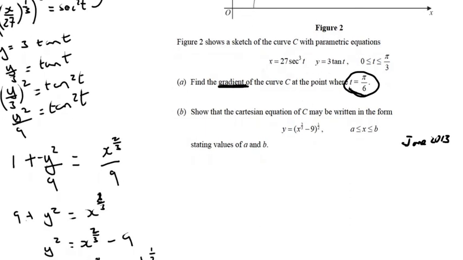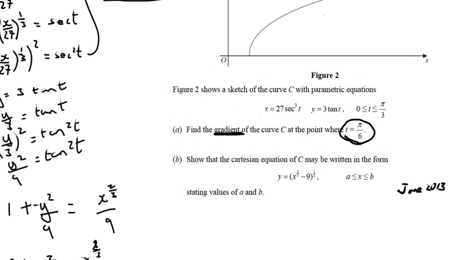The minimum value of x is going to be here, when the function touches the x-axis. Y is equal to 0, and that's the first value.